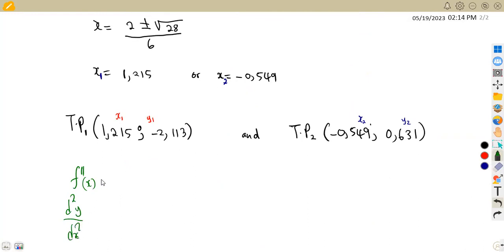If our second derivative is a value that is greater than 0, which is a positive value in this case, it means the point that we have taken is a minimum turning point.